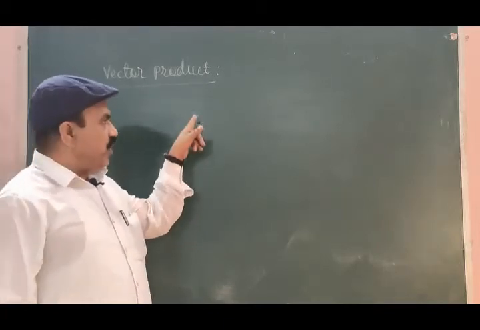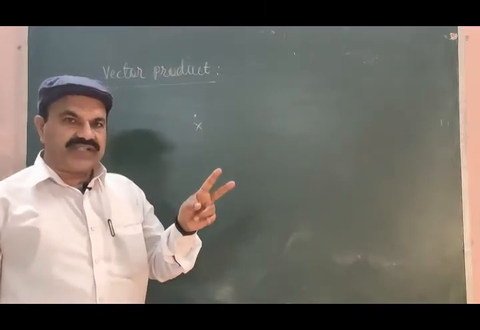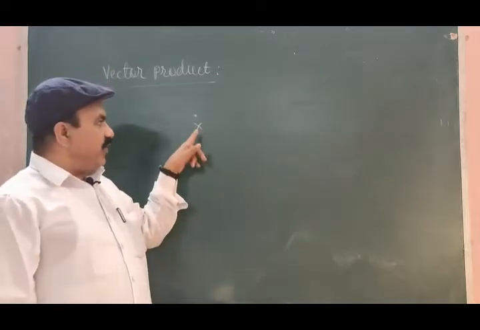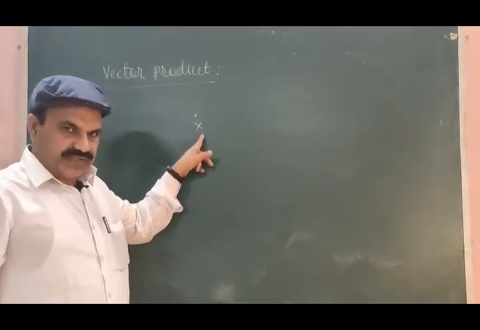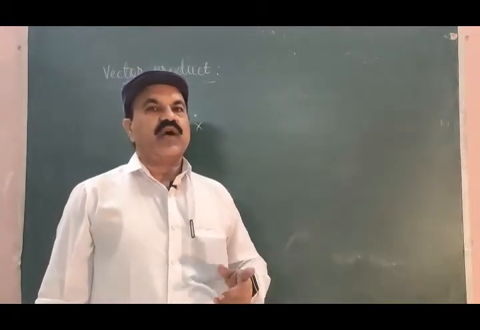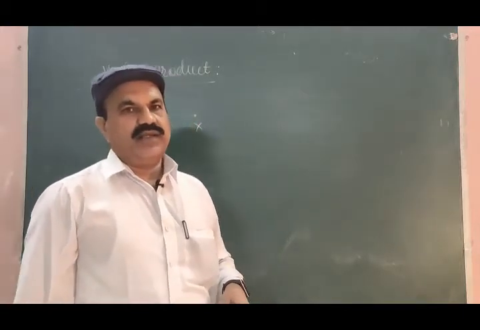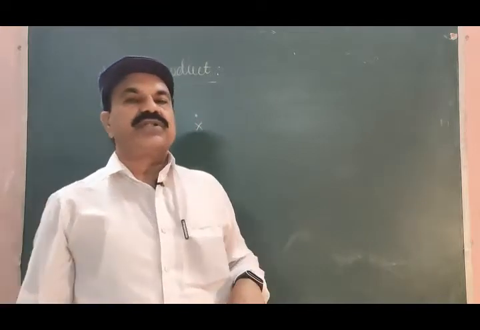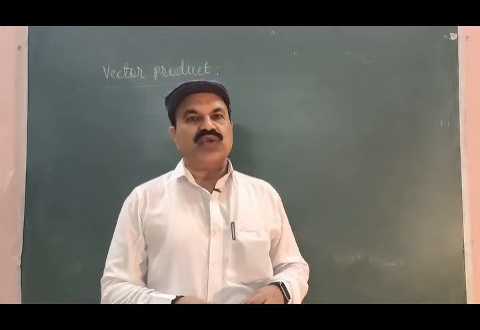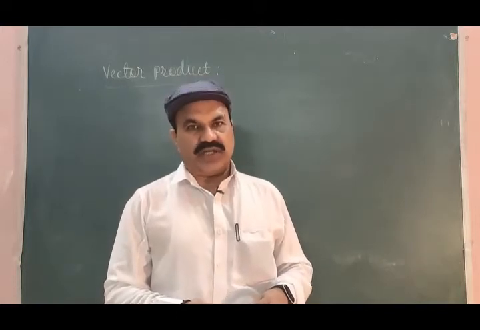When we use dot between two vectors, it will be dot product. When we use cross between two vectors, it will be cross product. So, vector product of two vectors is also known as cross product.